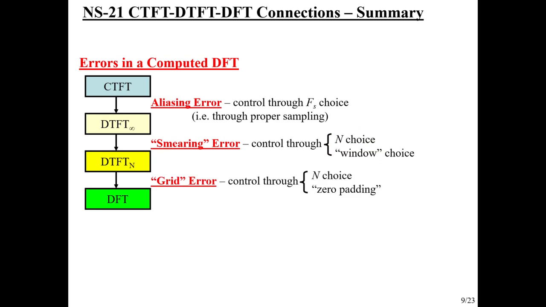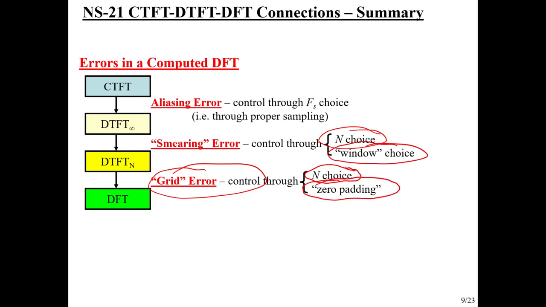And then finally, grid error. And yeah, our N choice will control the grid error to some degree, because as we collect more samples, we're going to get closer spacing on our DFT points. But we already said we may be limited on our N choice. So we're using a window to help with that. And then we're going to use zero padding to help with the grid error.